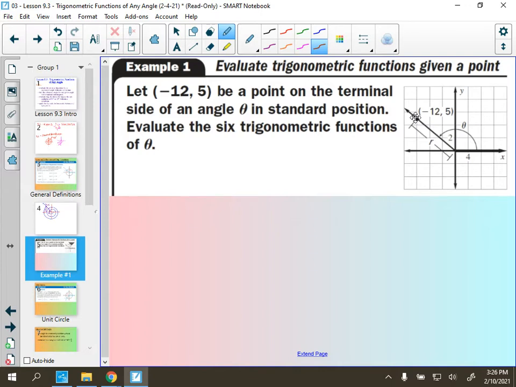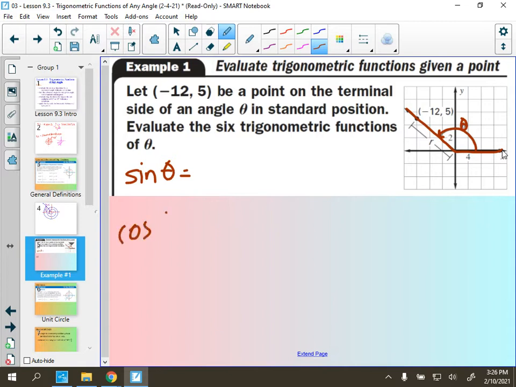And I say, hey, that angle, that's a big theta. That's an obtuse angle. From here to here is my theta. And what's being asked of us is, all right, tell me all 6 trig functions of that big theta right there. So it's essentially asking, what is the sine? I don't know what the angle measure is, but what's the sine of that angle?